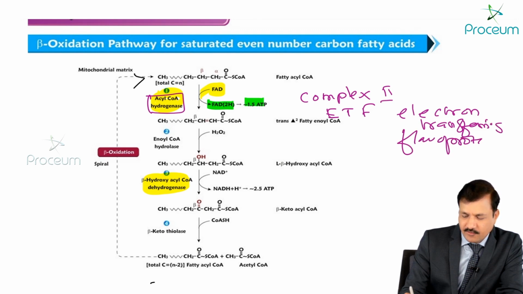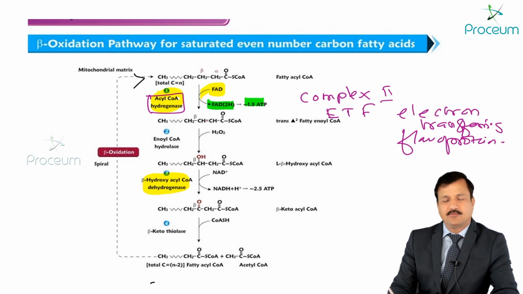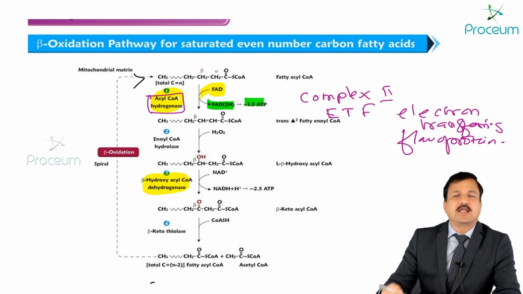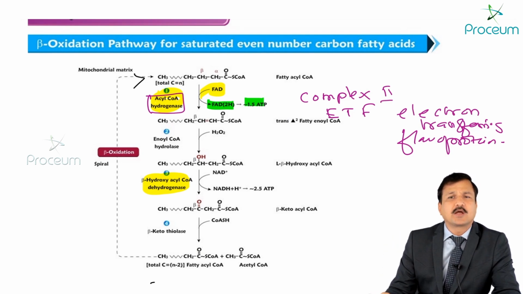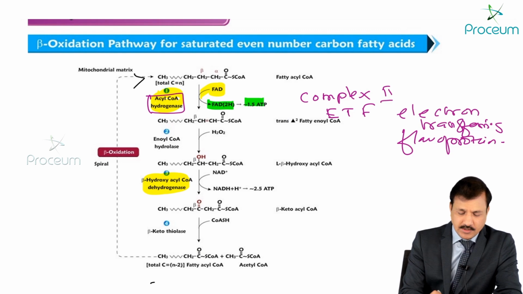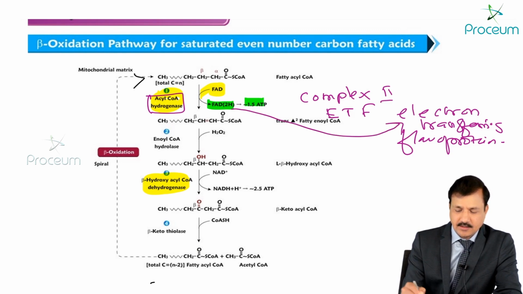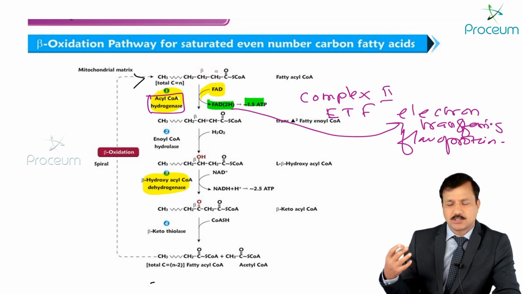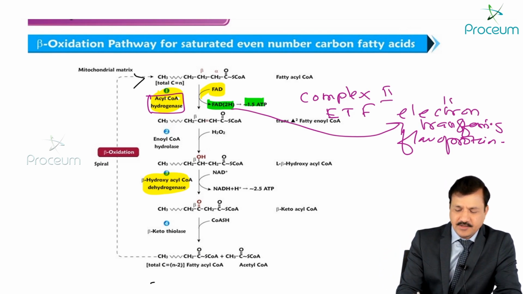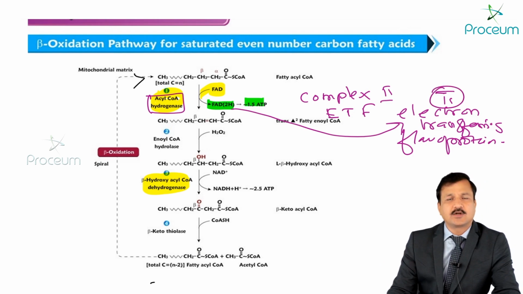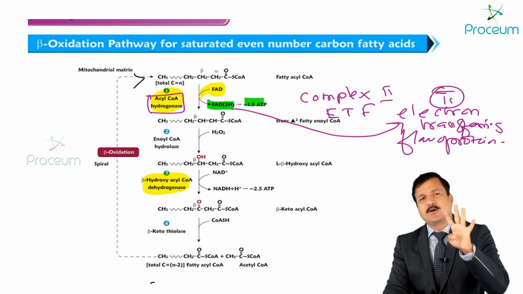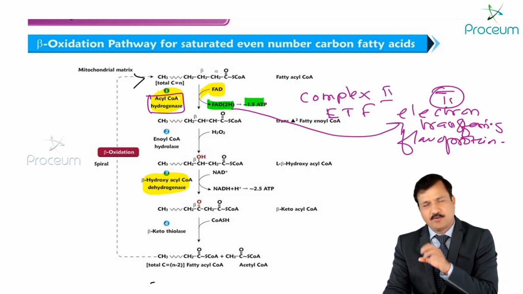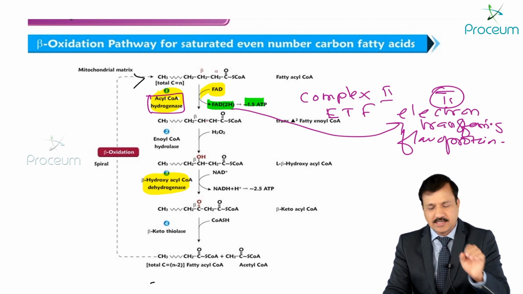Electron transferring flavoprotein is the one that will get this FADH2 and give the electrons and protons to coenzyme Q. So FAD to FADH2 happens over electron transferring flavoprotein. That itself is actually a complex 2 in the electron transport chain, because there are 3 complex 2s in the electron transport chain. One of them is this electron transferring flavoprotein, part of the beta oxidation of fatty acid.